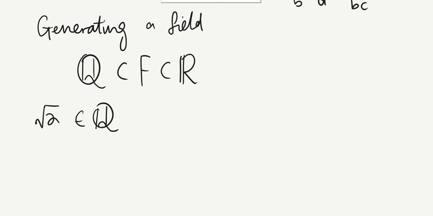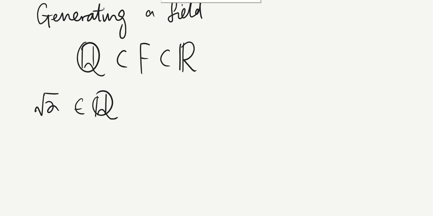Square root 2 is a number which if you square it, you get 2. And, oops, sorry, it's not in Q. So what if we forcefully insert square root 2 into Q? So we get Q union square root 2.